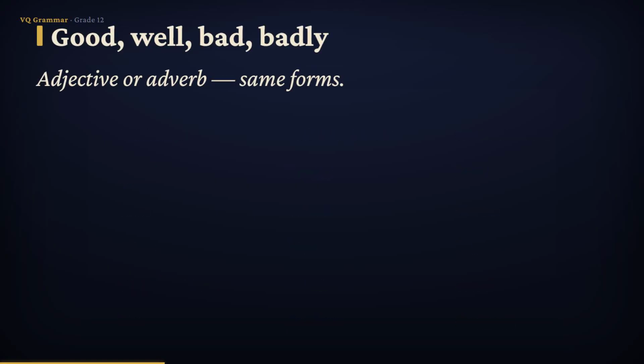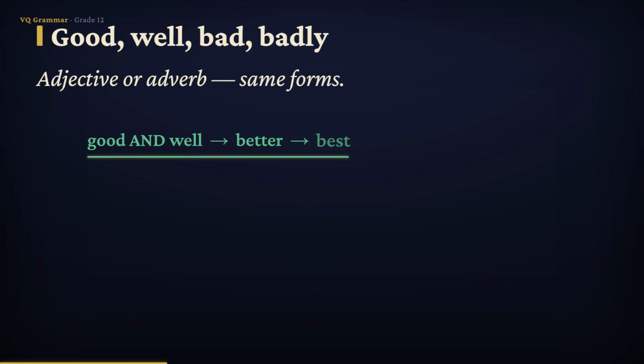A few of these deserve a closer look. Good and well both climb to better and best. Good is the adjective, well is the adverb, but they share the very same comparative and superlative. She sang well at the audition, better still at the rehearsal, and best of all on opening night.